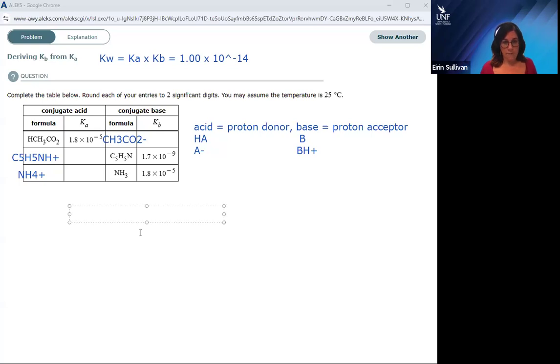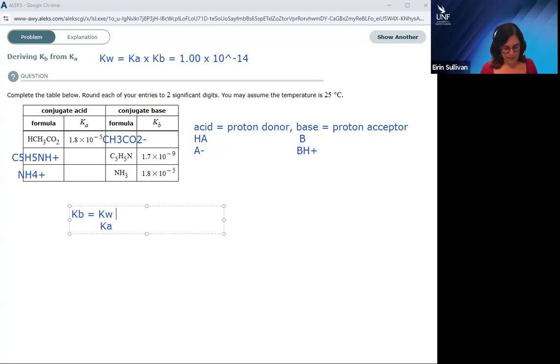So for the acetate ion, my Kb for the acetate ion is going to be Kw divided by Ka. That's just simply rearranging the equation.